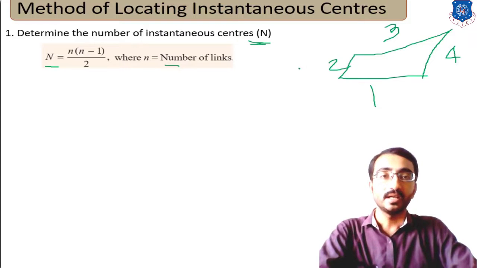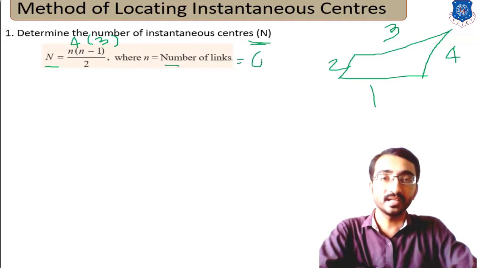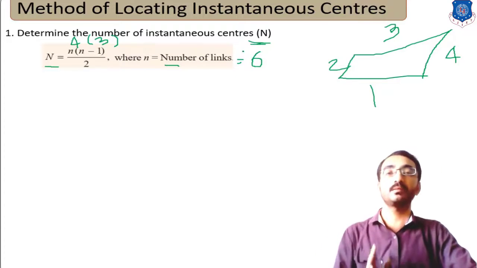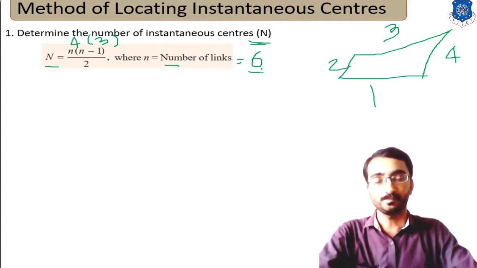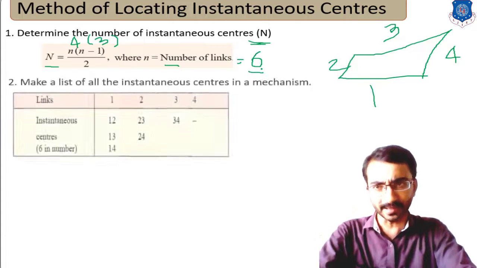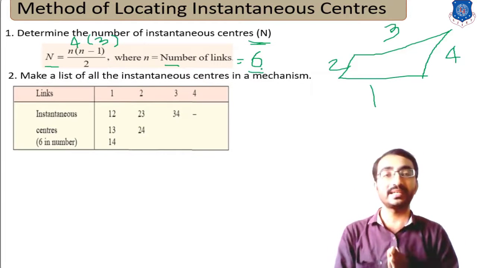Here small n is equal to 4, and n minus 1 is 4 minus 1, that is 3. So we get 4 into 3, that is 12, by 2, that is equal to 6. So in this 4-bar chain mechanism we will have 6 instantaneous centers. Step number 2, we have to make a list of which these 6 instantaneous centers are.